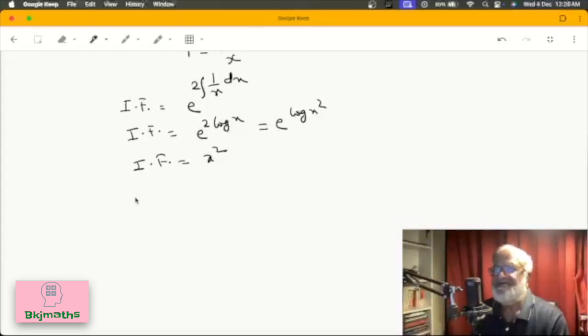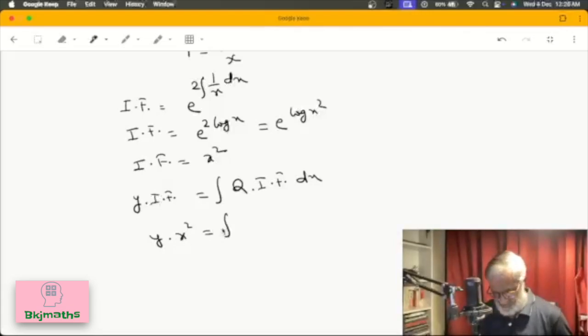Now the third step is find the solution. So solution, y into integration factor equals integration of q into integration factor dx. So y into integration factor is x square equals integration q. Our q is x log x, x log x into integration factor x square dx.